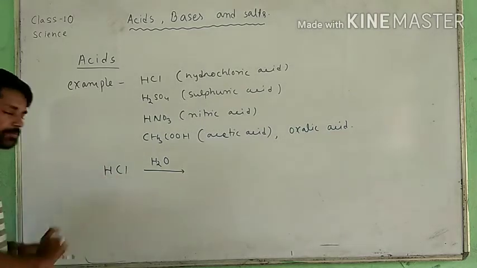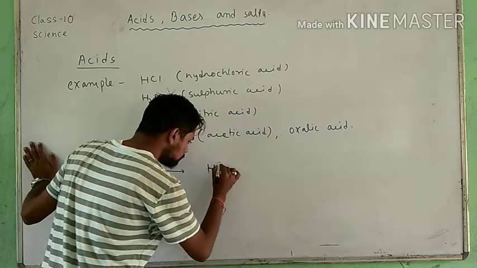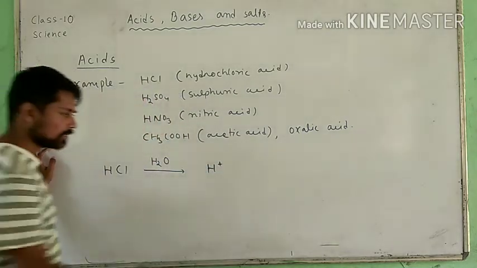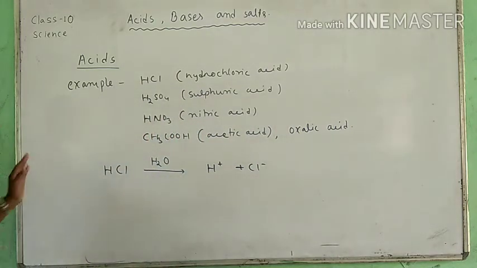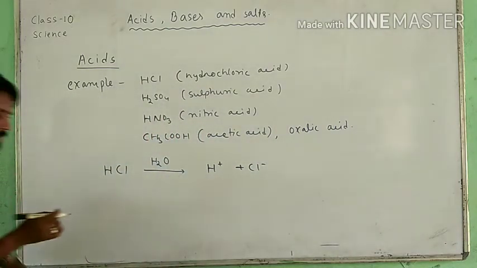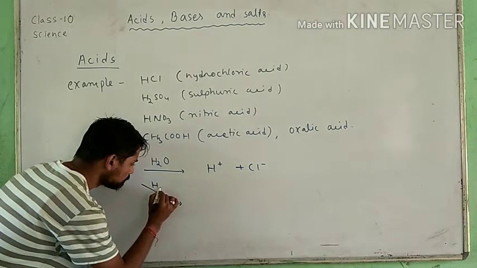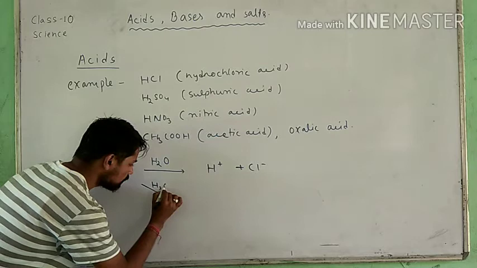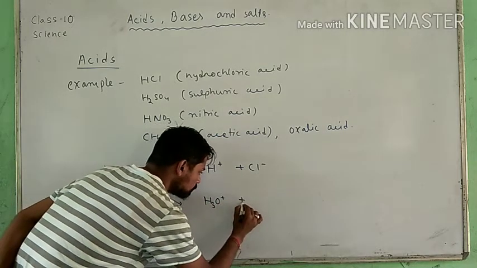The HCl breaks down into two parts. One is H positive ion and another is Cl negative ion. Or we can say when we add HCl in water, it produces H3O positive ion and Cl negative ion.